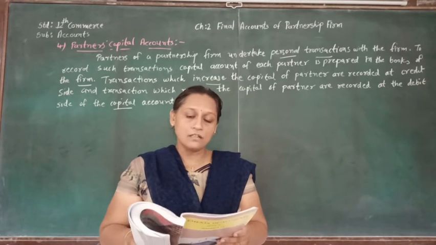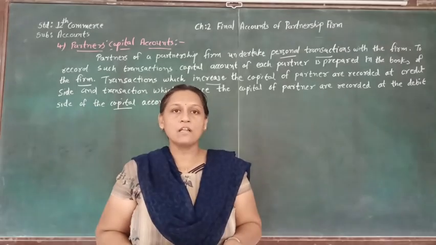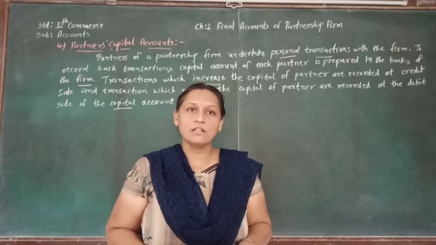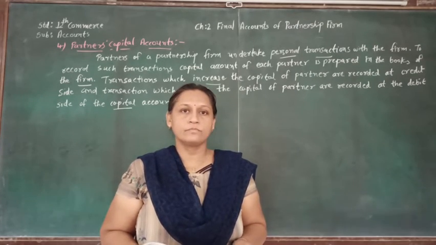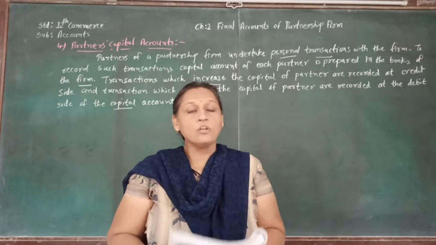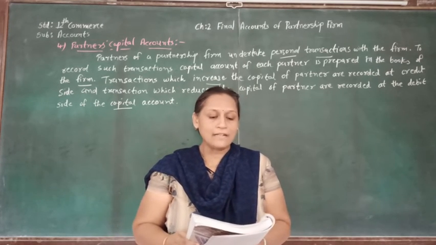Now the second account that we are supposed to prepare under the fixed capital account method is the current account, and the specimen of the current account of a partner is here. So here is the specimen of partner's current account.